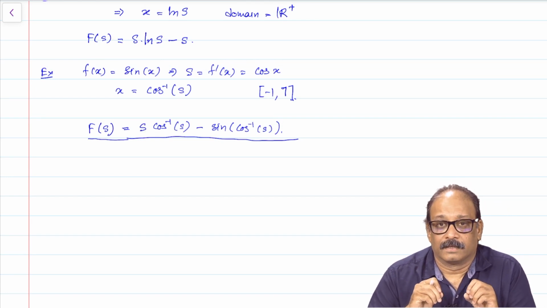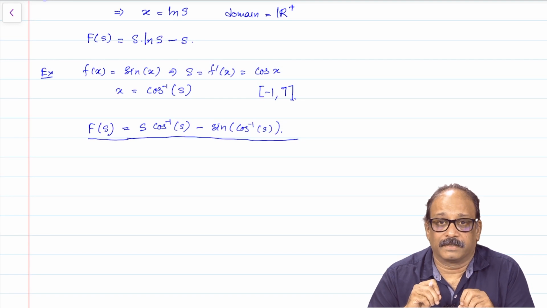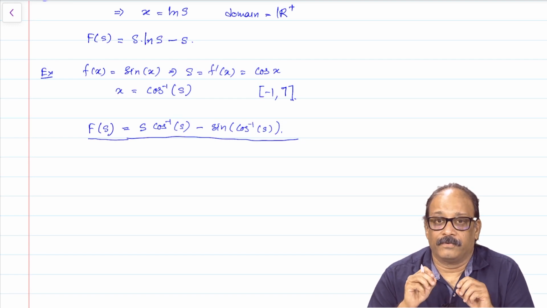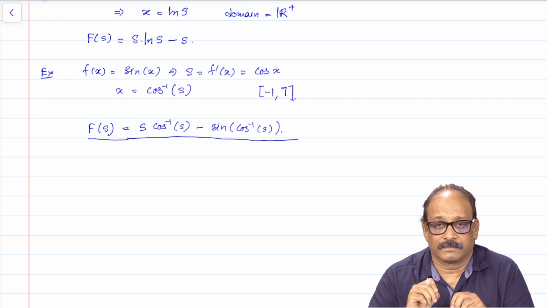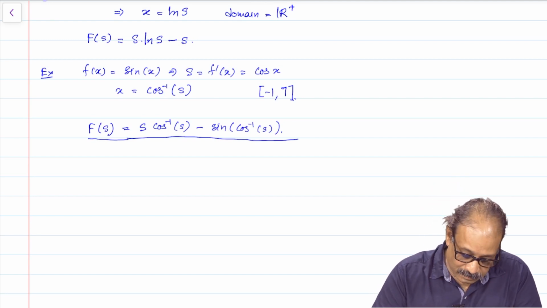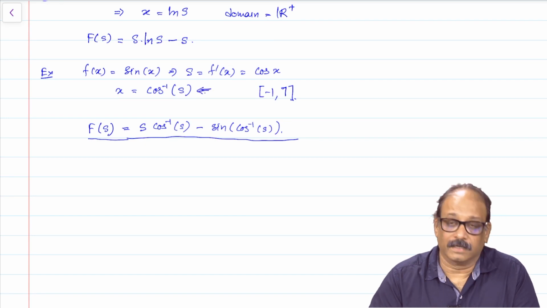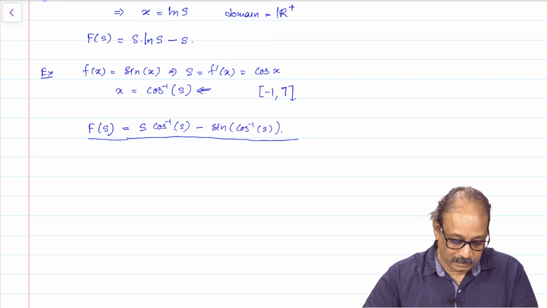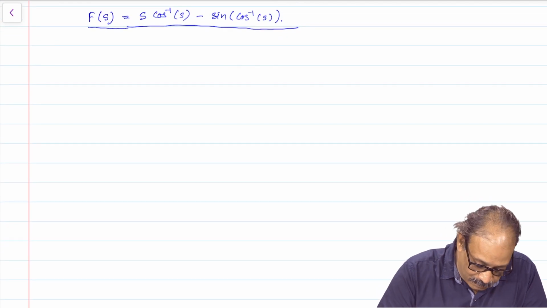Always the expression for F must be in terms of the variable s. Wherever x appears, that x must be replaced by the inverse transform, which is given here. Okay, that is done.